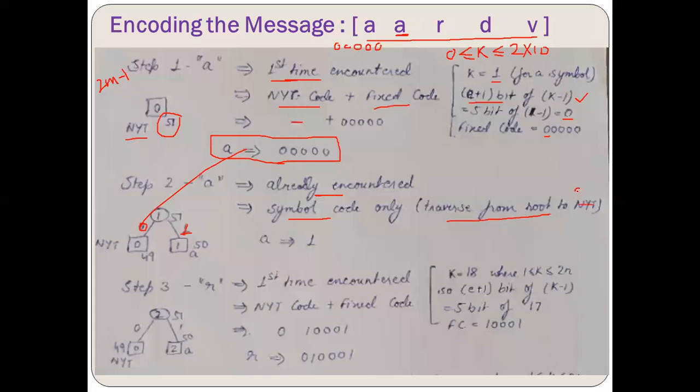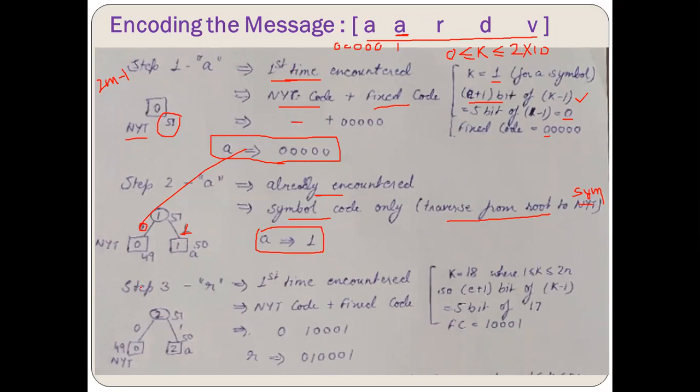Just see here, this is the root node and this is the symbol node. How do we traverse? We get 1. So what we get is 1 as the code for the second A. So this is stated here.